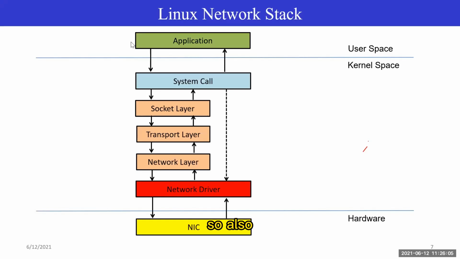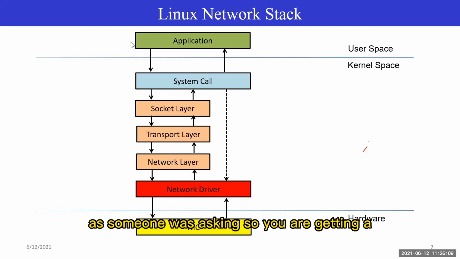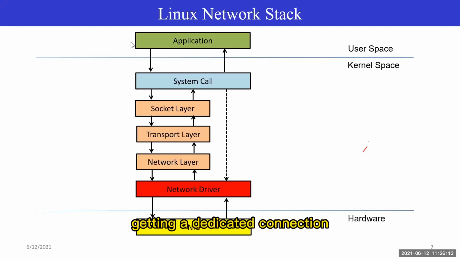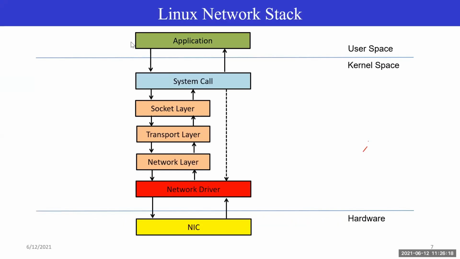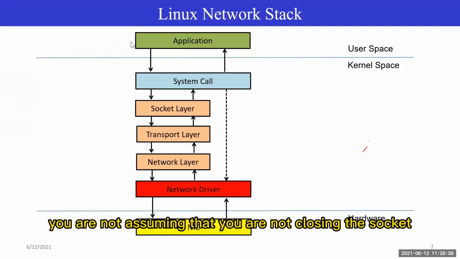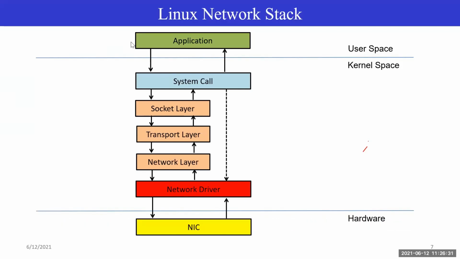As someone was asking, you are setting up a dedicated connection between the socket layer and the application to the Netlink socket. And as long as that application exists, that connection will remain there, assuming you are not closing the socket explicitly.